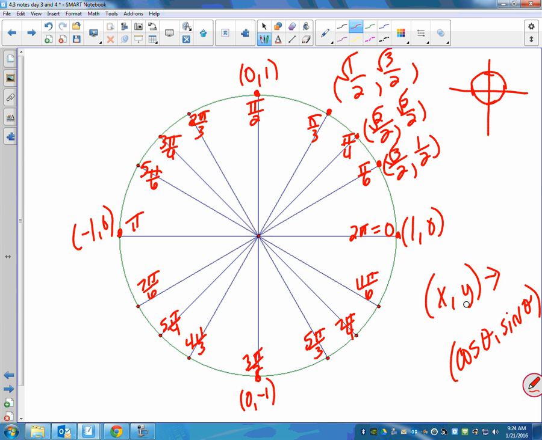And the y coordinate is just sine, because it's y over r, and r is just 1. Which is pretty amazing, because that means that for pi sixths, if I know that ordered pair, I know the cosine of pi sixths is radical 3 over 2, and I know the sine of pi sixths is 1/2, without having to draw a triangle, without having to know the ratios, if I just know those ordered pairs.